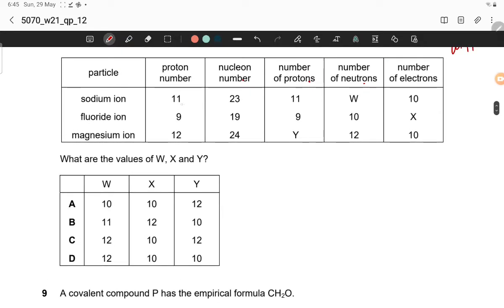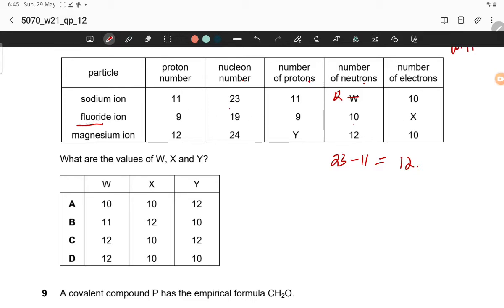Sodium ions 11, 23, and the number of neutrons will be 12 because 23 minus 11 is equal to 12. Fluoride ions: 19 nucleon, 9 proton number, and 10 neutrons.